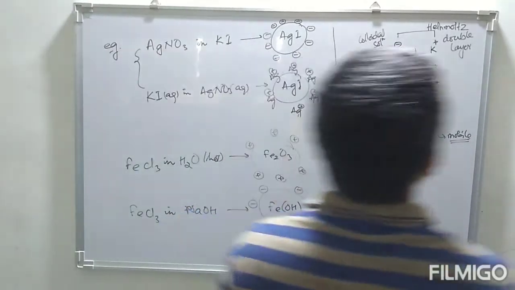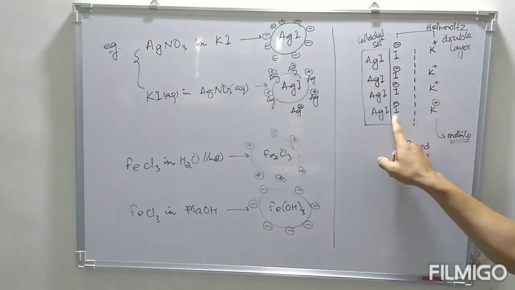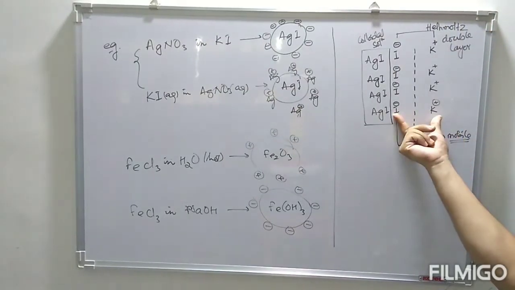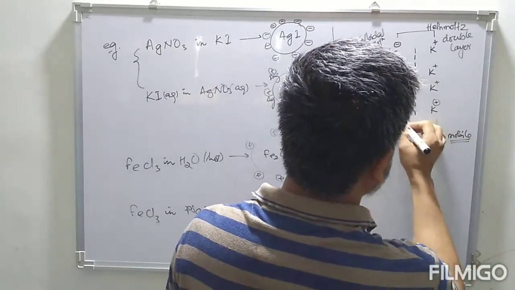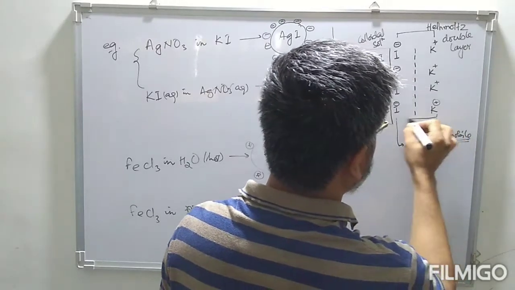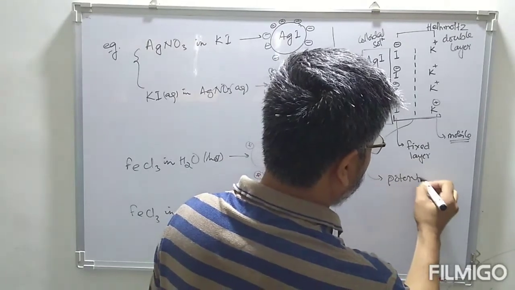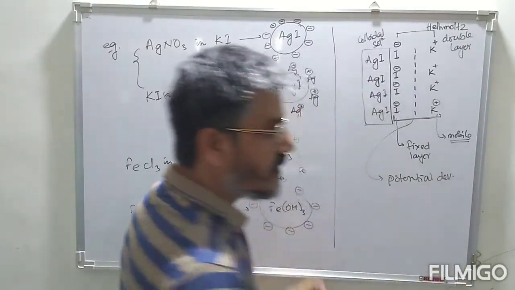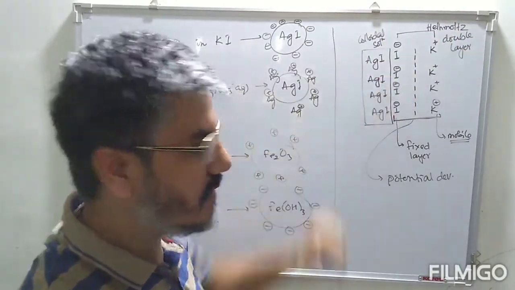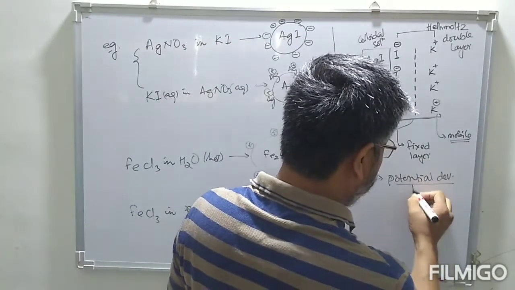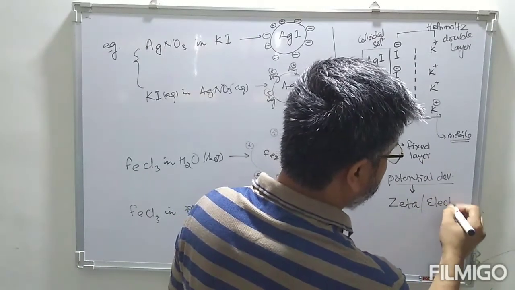Now look at this. This is electrical double layer which is known as Helmholtz layer. Now we have a negative and we have a positive. So there is a charge difference. Because of this charge difference, a potential is developed across this double layer. Potential developed across this Helmholtz electrical double layer, or simply double layer, is known as zeta potential or electrokinetic potential.